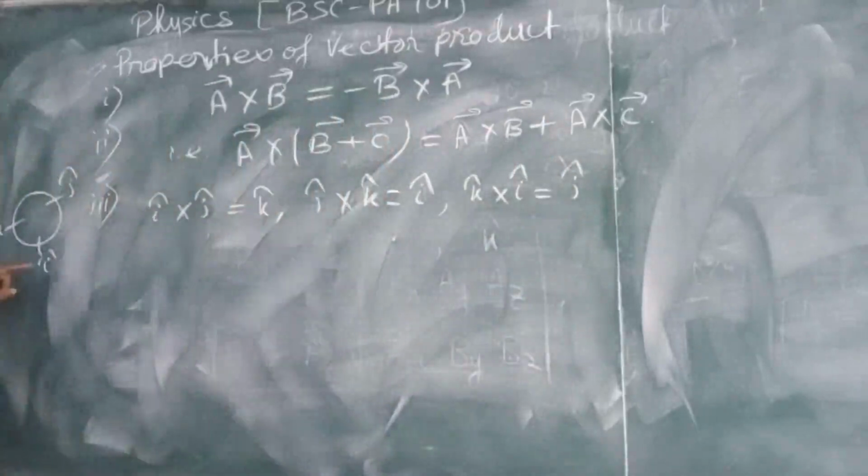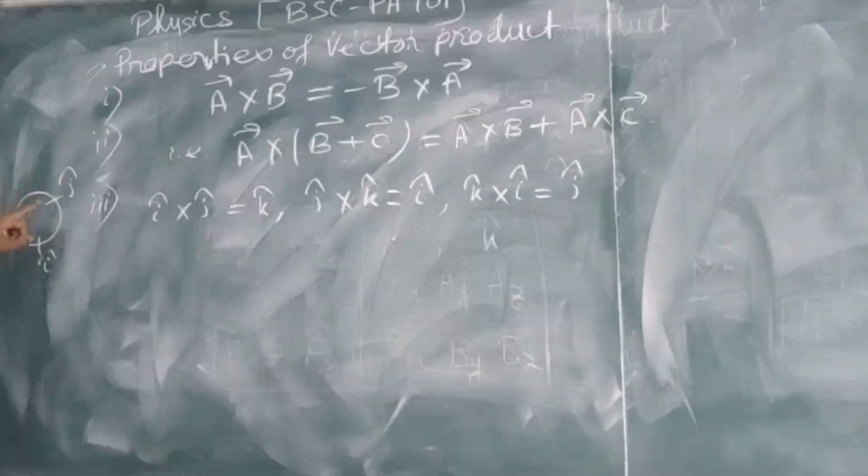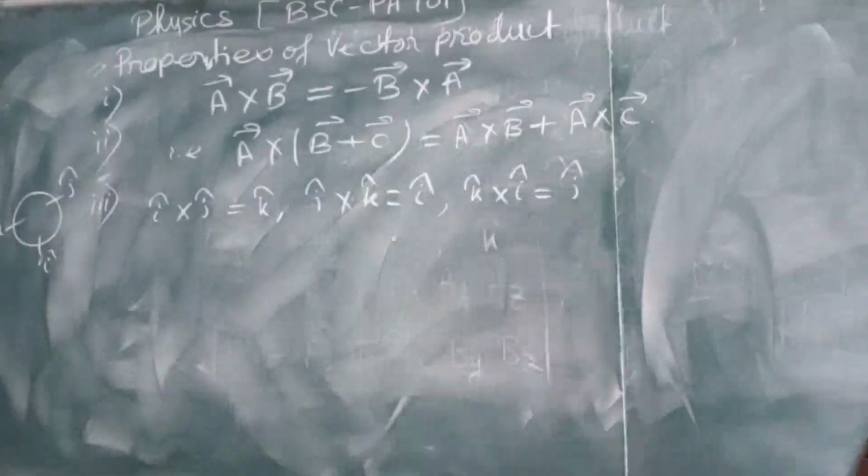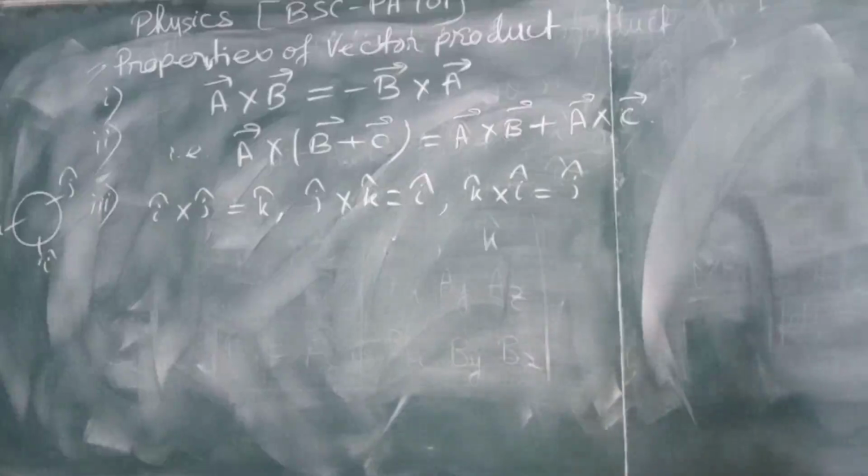So we have to take the anti-clockwise direction, then it is positive. If we take the clockwise direction, then j cross i equals minus k, i cross k is minus j, k cross j is minus i.